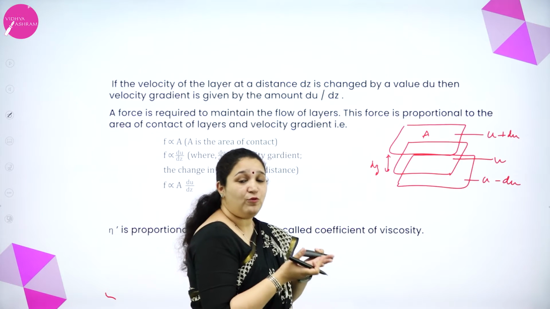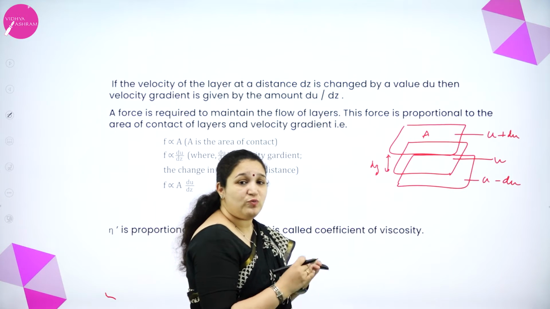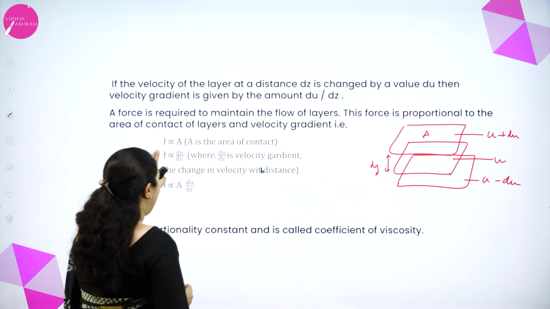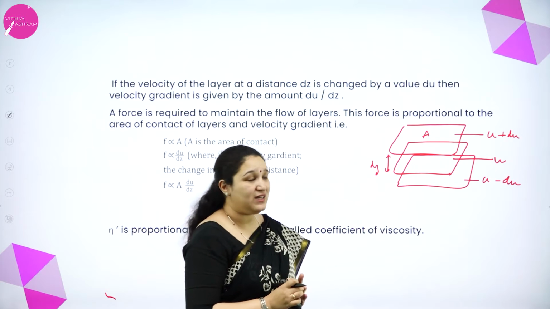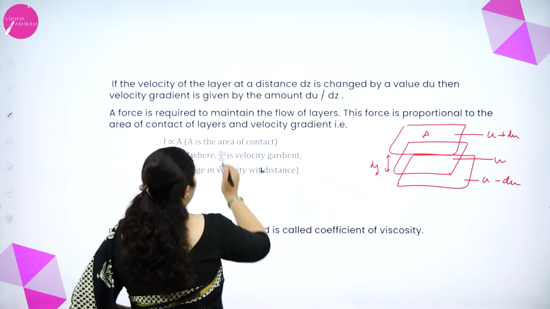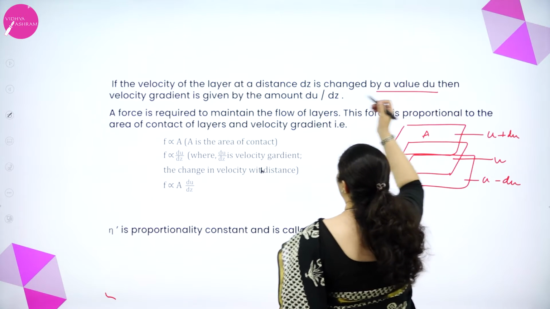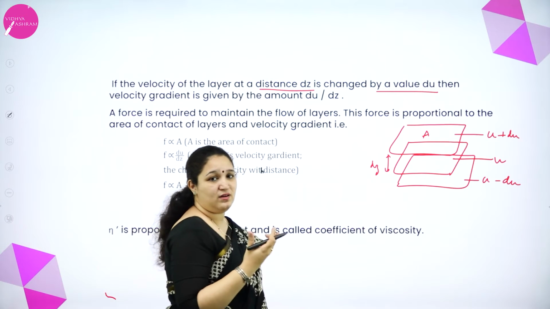Now there is a force required for it to flow, isn't it? We take that the force is proportional to the area as well as the velocity gradient. What is the velocity gradient? It is the change in velocity, du, over the distance between the two layers, dz.